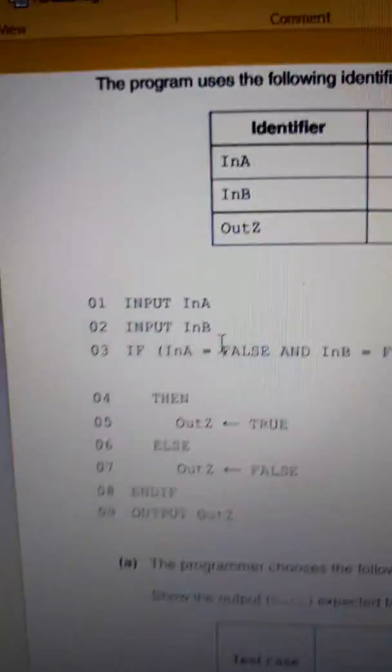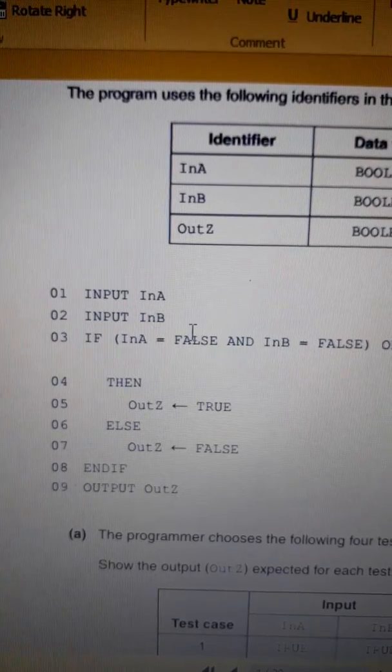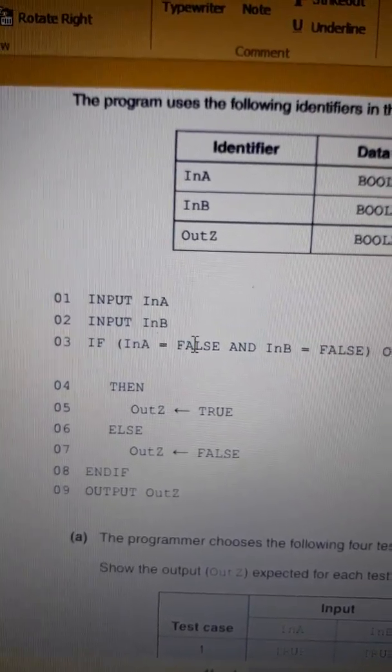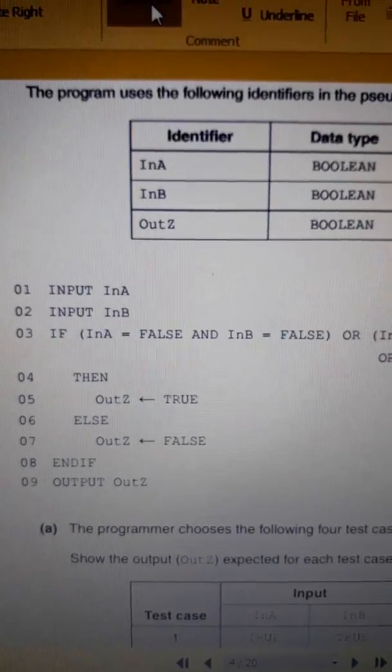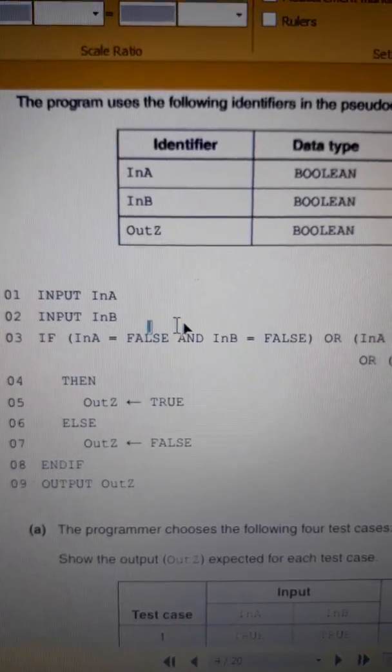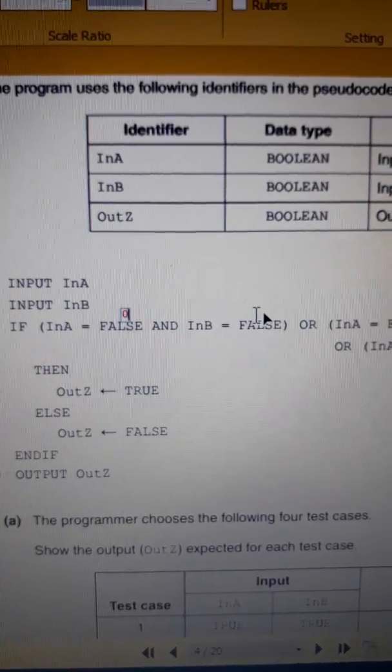So it says that there's one possibility if you have false in A variable and in B is also false. That means, in other words, we can interpret this as 0. False is read as 0, false is read as 0.